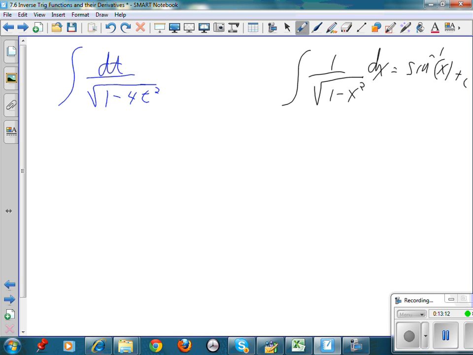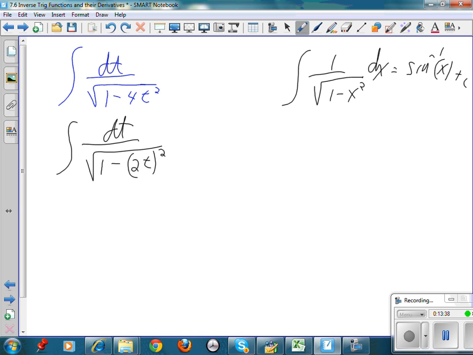So this kind of looks like that, but now I have a 4t involved here. So I want to massage this and make it look like that. I'm going to do a little work on the dt here. 1 minus, look, if I put in 2t squared, that's identical, right?